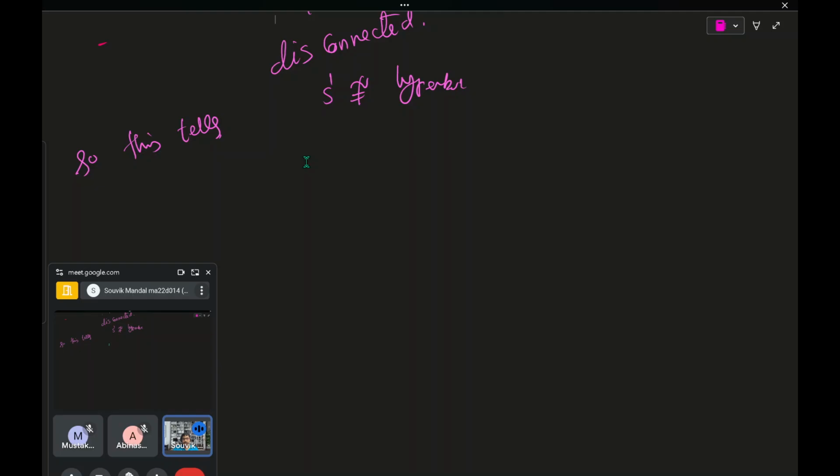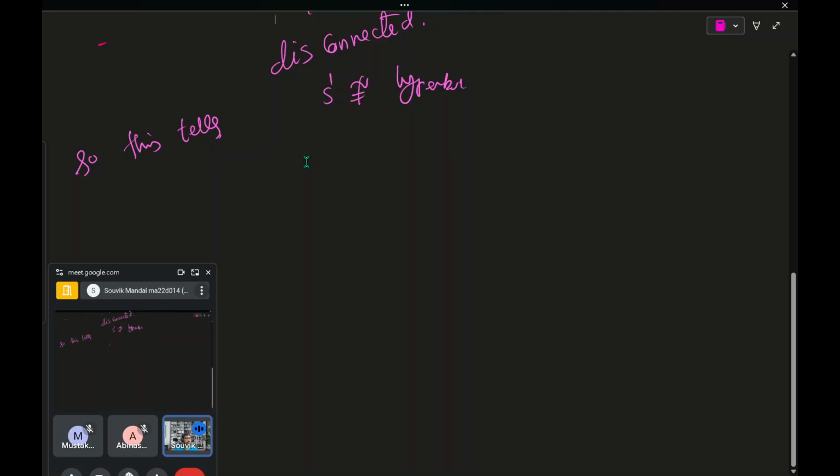Connectedness means that the only sets in X which are both open and closed are the empty set and X itself. Separation axioms contain Hausdorffness, normality, regularity. Countability contains first countable and second countable.